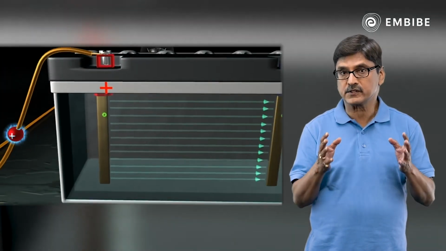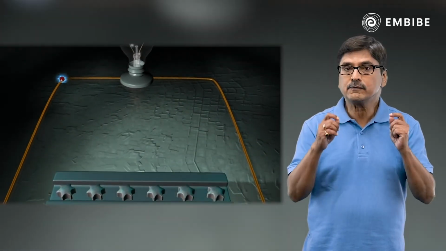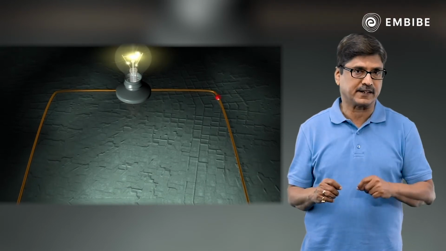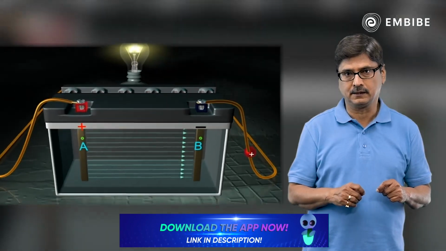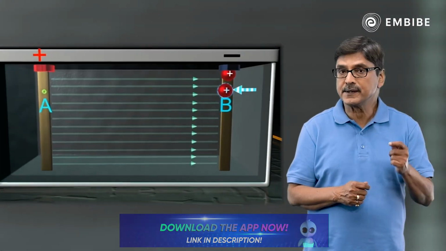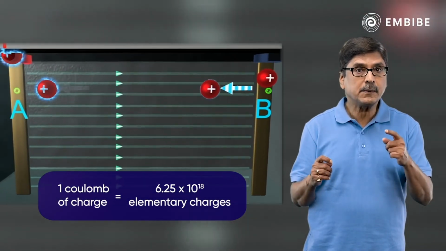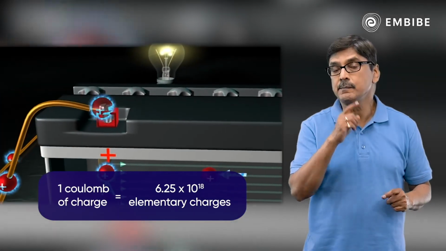This 1 coulomb of charge flows through the external circuit and its 12 joules energy is completely transformed in other forms of energy, after which it returns back to the negative terminal to be re-energized by the battery. It should be noted that 1 coulomb of charge is equal to 6.25 x 10^18 elementary charges.